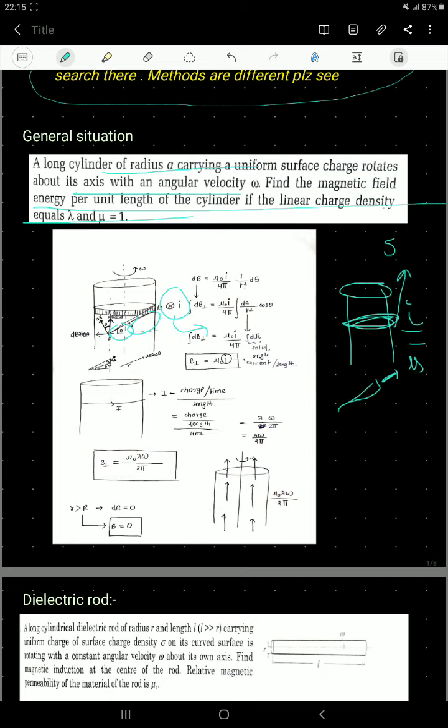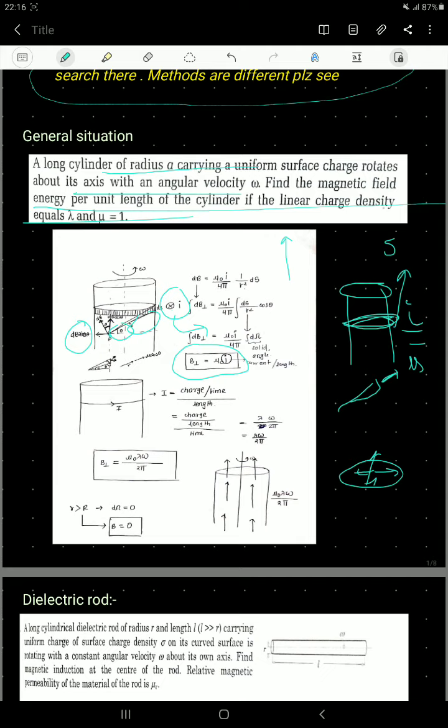The sum of the solid angle is 4 pi. So you'll get B perpendicular, or the field, as mu naught I. All the dB sin theta components get cancelled as they move around a circle, because there is always an opposite vector present. Only the dB cos theta components remain, which are directed along the axis, or the sense of rotation of the cylinder.